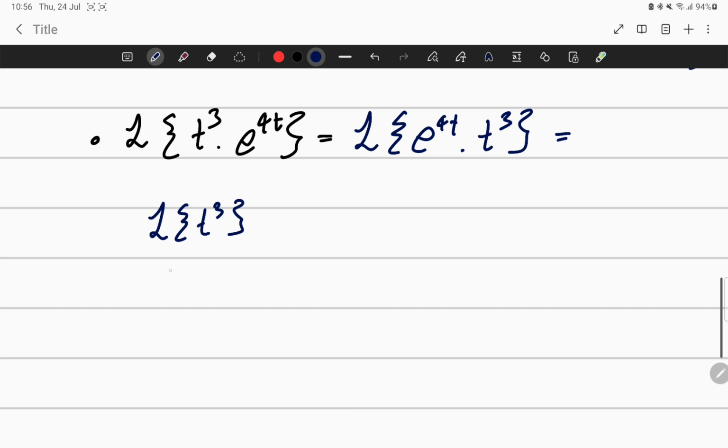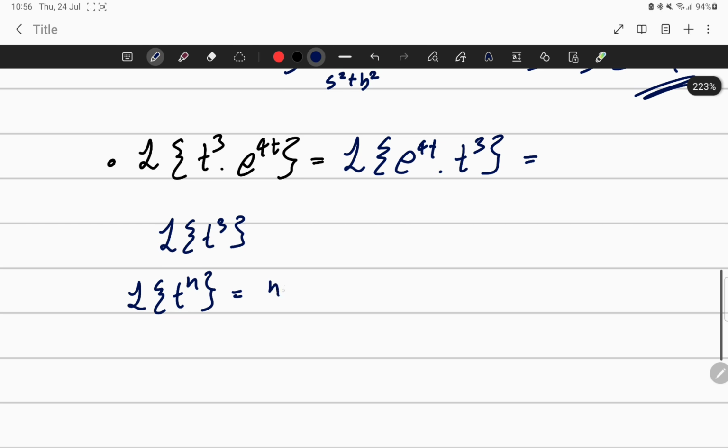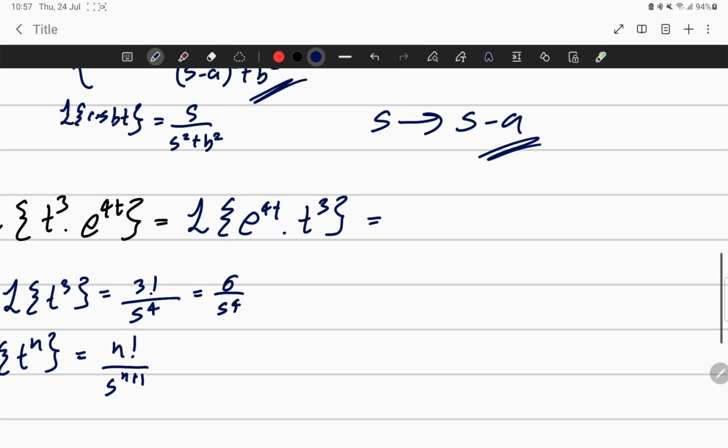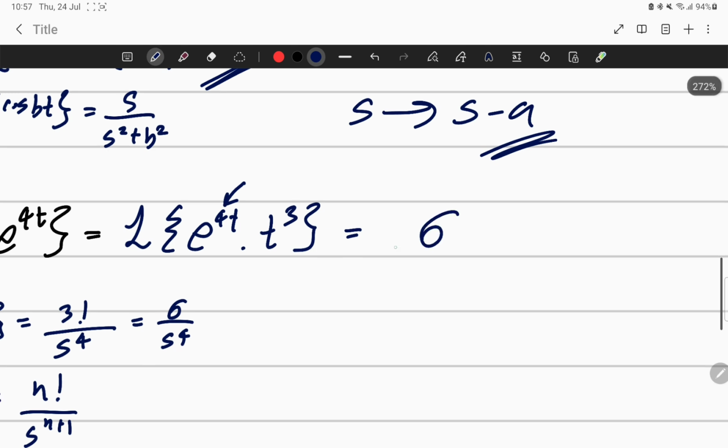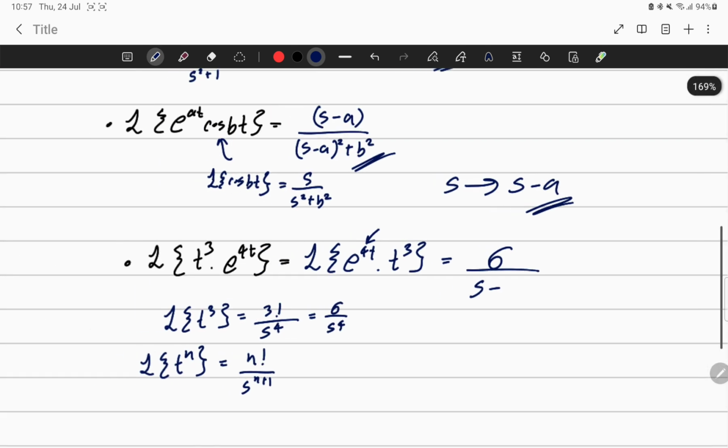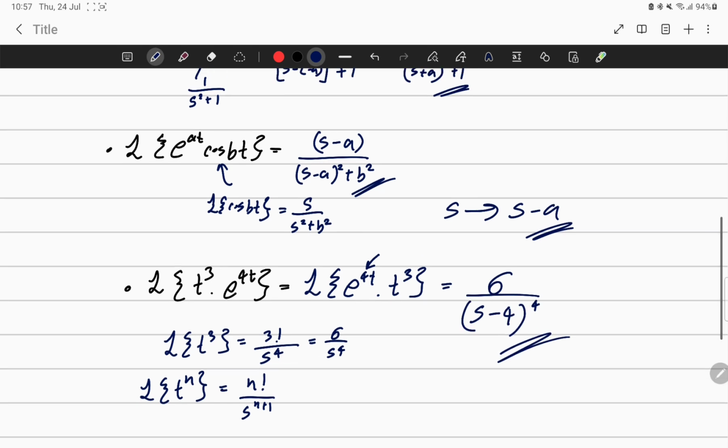The Laplace transformation of t to the n is n factorial over s to the n plus 1. So it is 3 factorial over s to the 3 plus 1, which is 4. 3 factorial is 3 times 2 times 1, which is 6 over s to the 4. So I have to shift by a. Here a is 4, so it is s minus 4. So 6 over s minus 4 to the 4th power. This is the answer.